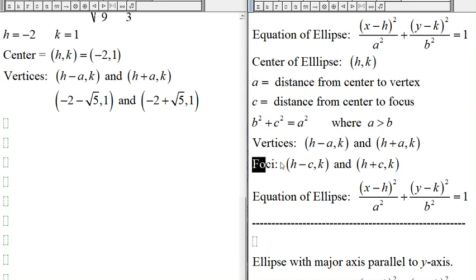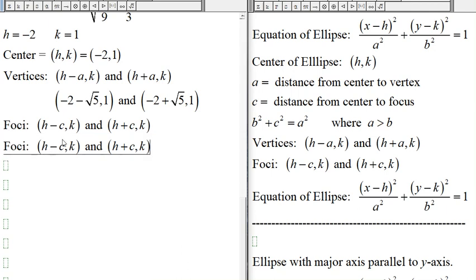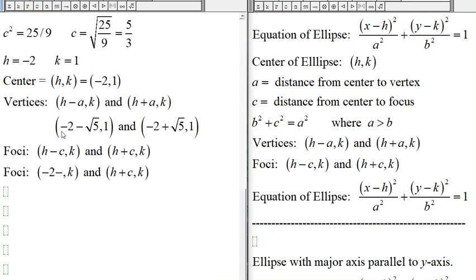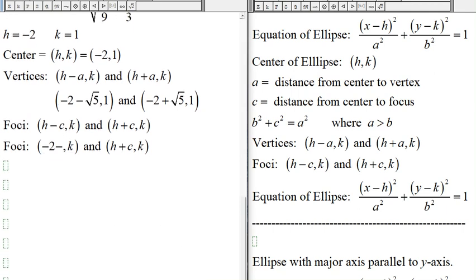And then the foci, this. So h again is negative 2, and c is 5/3, and k is 1. So we have negative 2 plus 5/3, and 1.